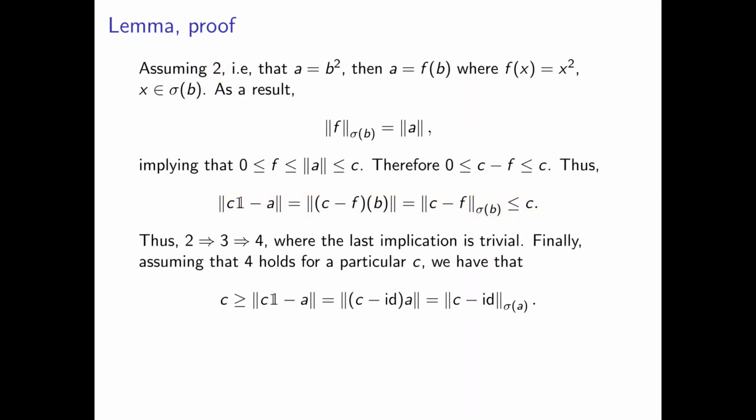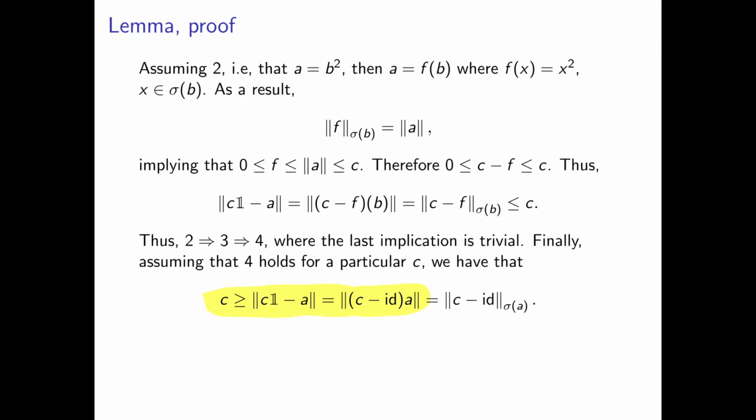And now let us finally assume that condition 4 holds for a particular C. That's if C is greater than or equal to the norm of A, then this is true here. So we assume that this holds for a particular C, that has norm greater than or equal to A. But this, in turn, is equal to this.